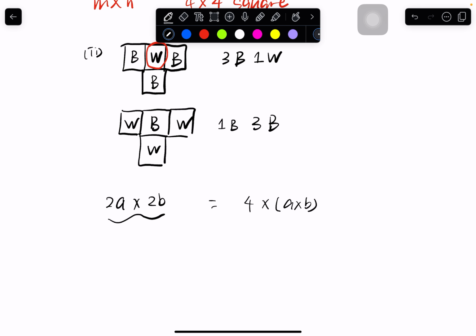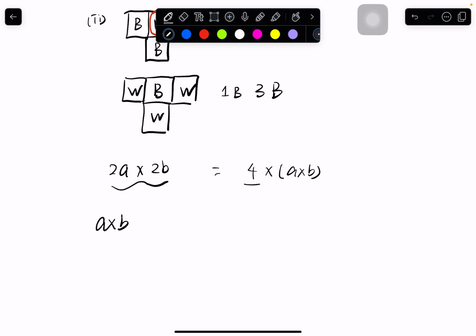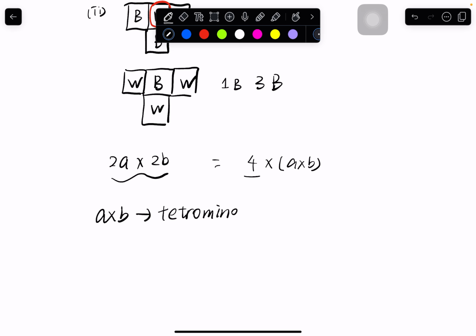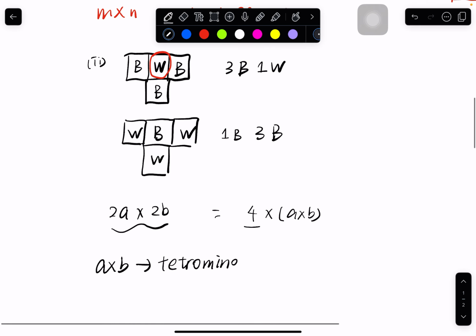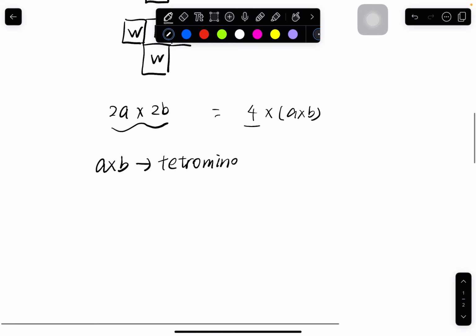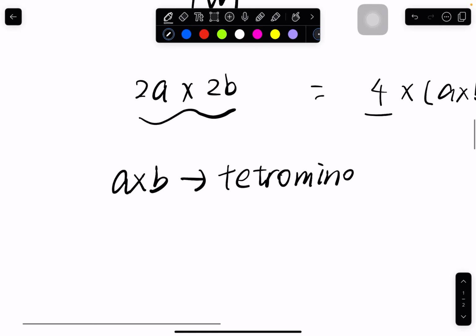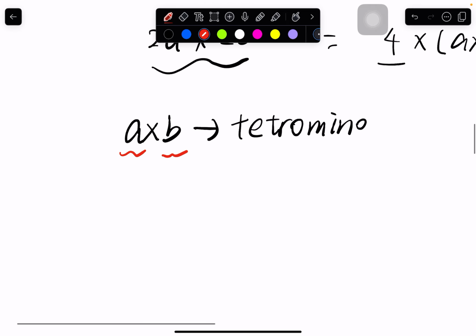So there are a times b tetraminoes if we can fill this rectangle with just T tetraminoes. Now, a and b are both odd, so a times b is also an odd number.